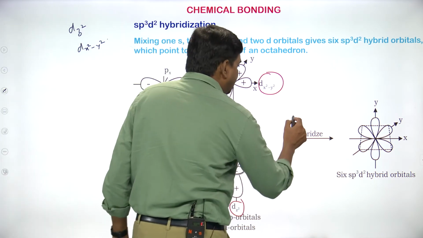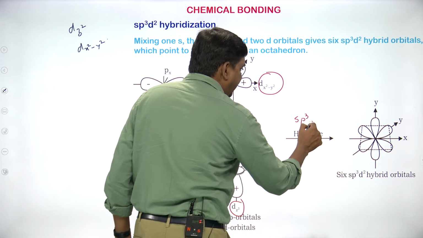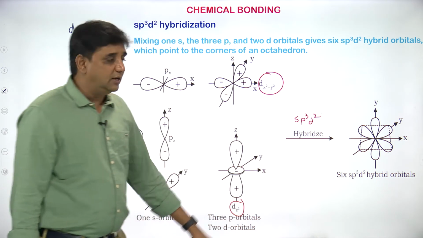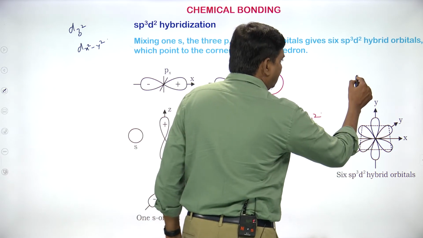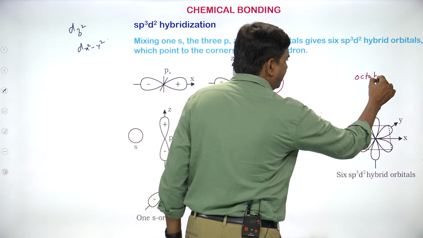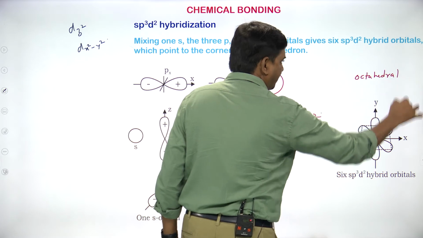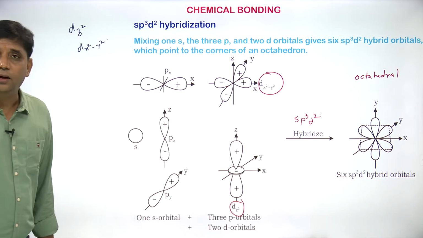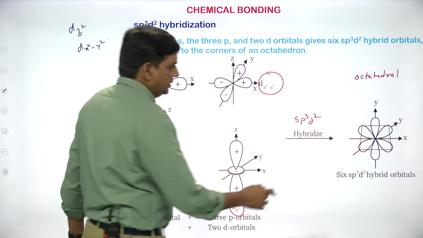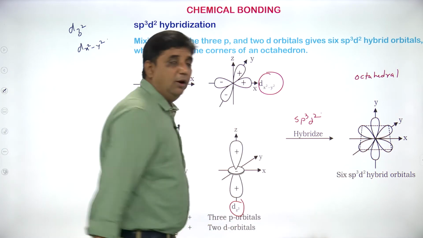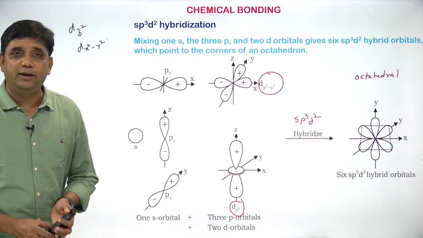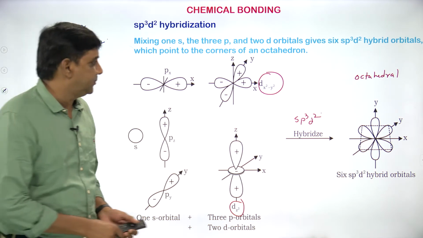Because of the formation of sp3d2 hybridization, the shape obtained is octahedral. See here, there are 6 lobes, and the angle between every lobe is 90 degrees.